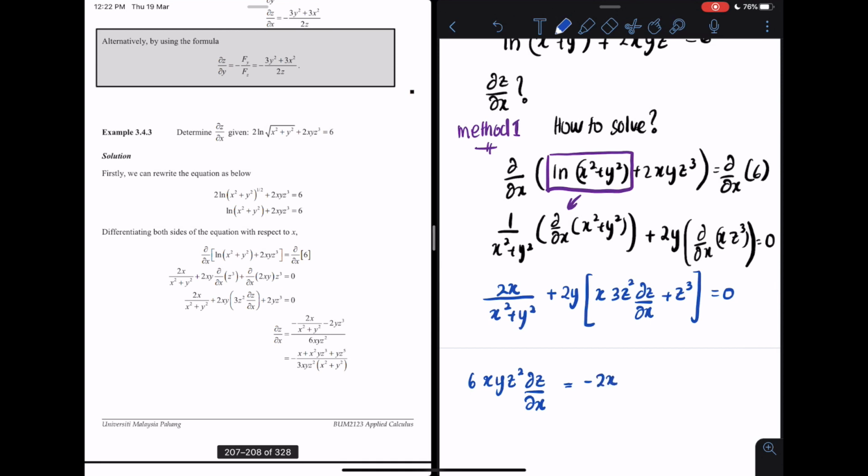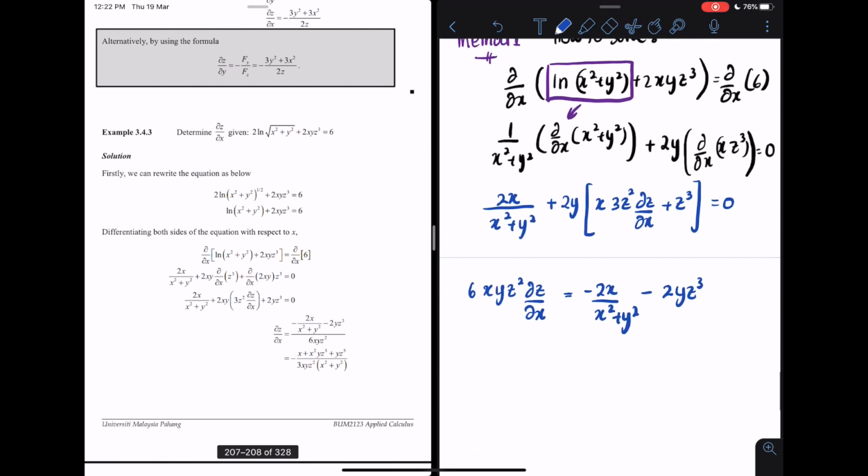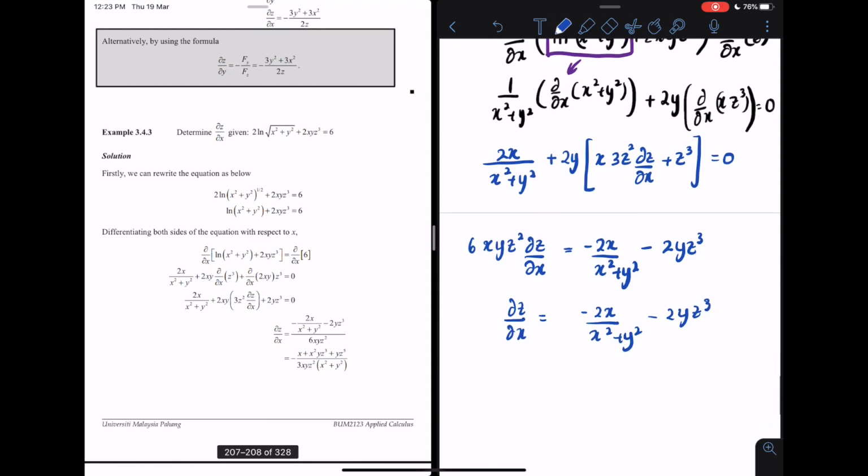negative 2x over x squared plus y squared minus 2yz cubed, and del z del x equal to negative 2x over x squared plus y squared minus 2yz cubed divided by 6xyz squared.